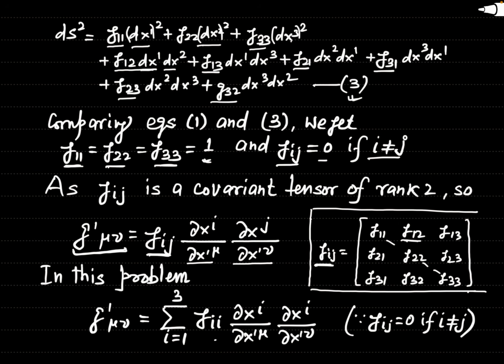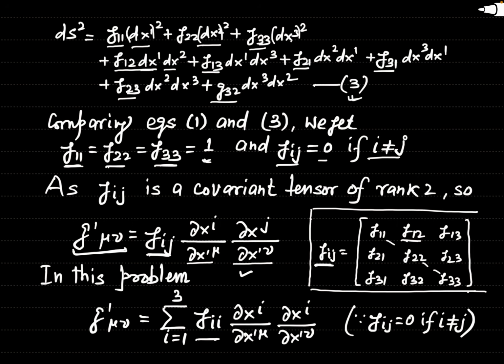This is summation over i from 1 to 3, because we are considering only the three-dimensional space, and this expression has been written for the n-dimensional space, but we are now talking about the three-dimensional space. So here the sign of summation has the limit 1 to 3, and we have written here Gii because Gij will be equal to 0 if i is not equal to j.